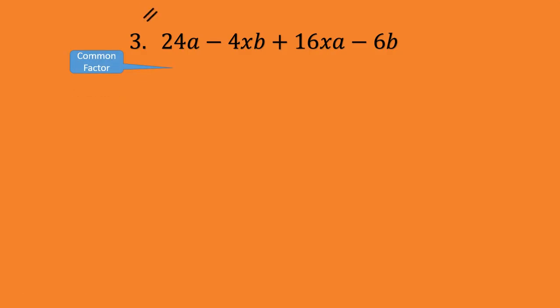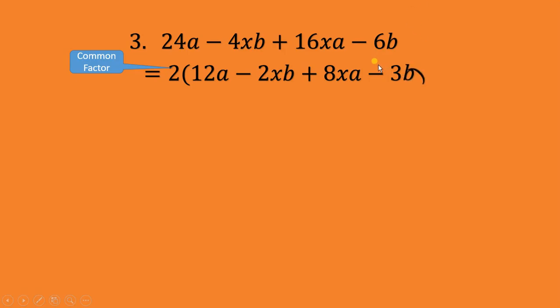That common factor would be 2, because they are all even numbers. Taking out 2 here, divide into 24a gives me 12a, 2 divided into 4xb gives me 2xb, 2 dividing into 16xa will give me an 8xa, and 2 divided into 6b will give me a 3b.